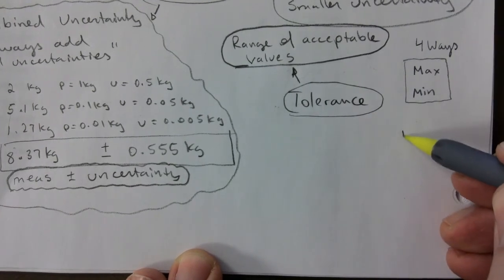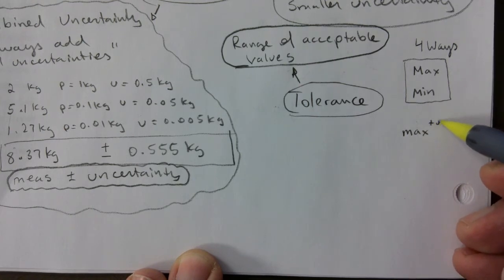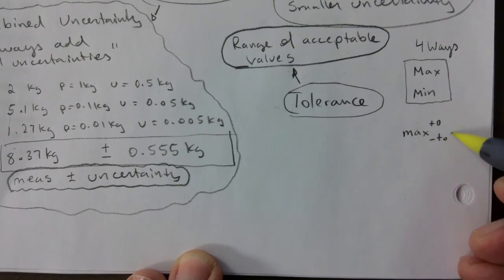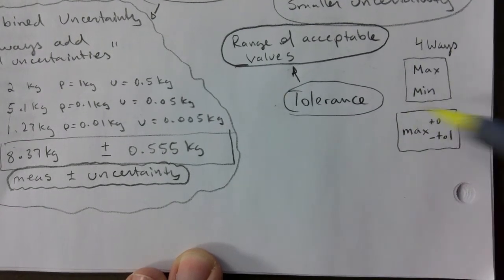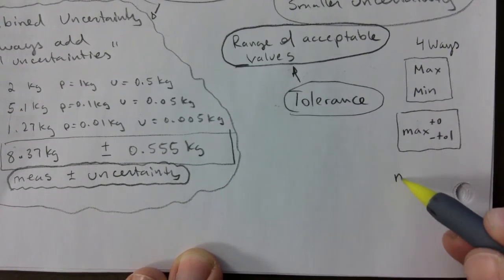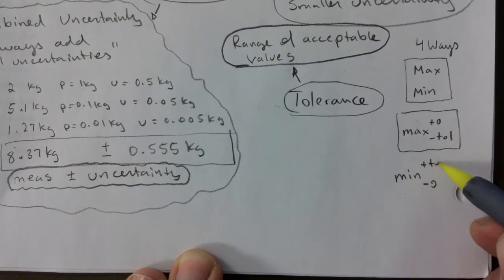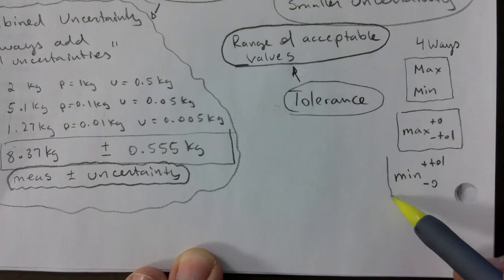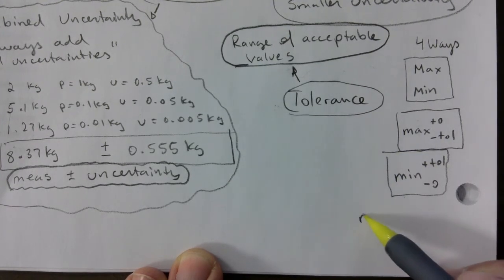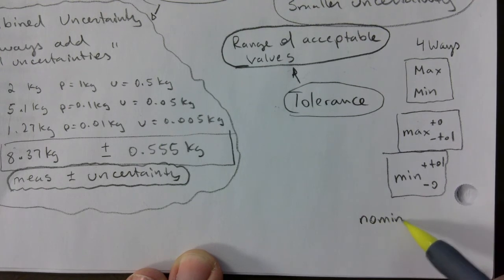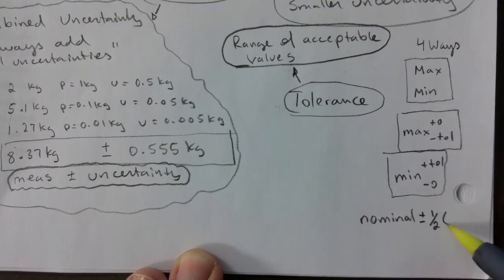You can have the max plus 0 minus the tolerance. You can have the min minus 0 plus tolerance. I will zoom into it in a bit if you're squinting. And then you have the nominal plus or minus 1/2 the tolerance.